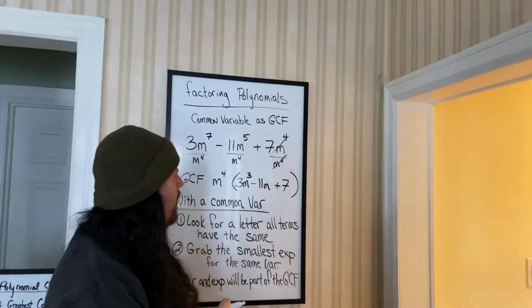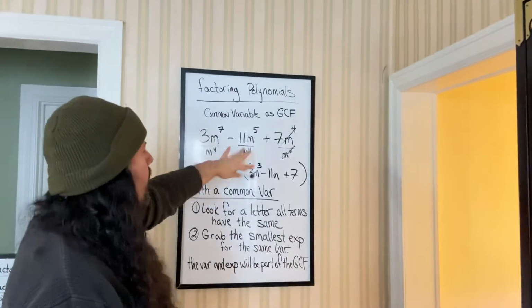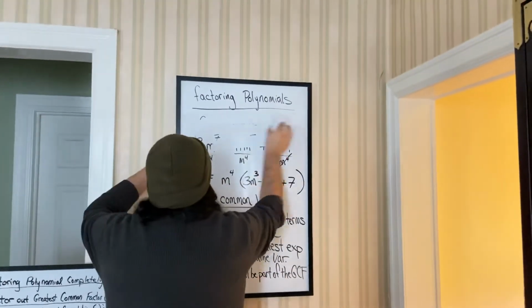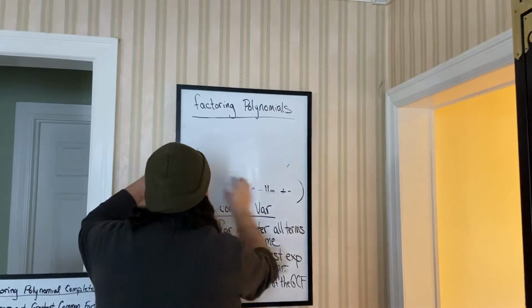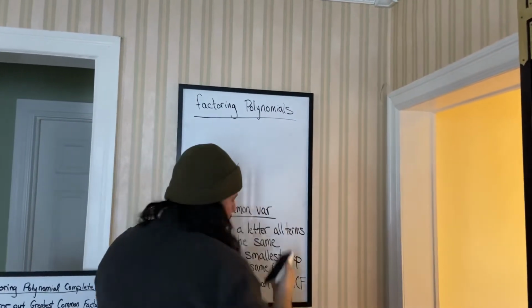Let me do one more problem with this. When you have maybe 2 letters, this had all m's. Well, what happens if we have something that has maybe 2 different variables, not all m's?